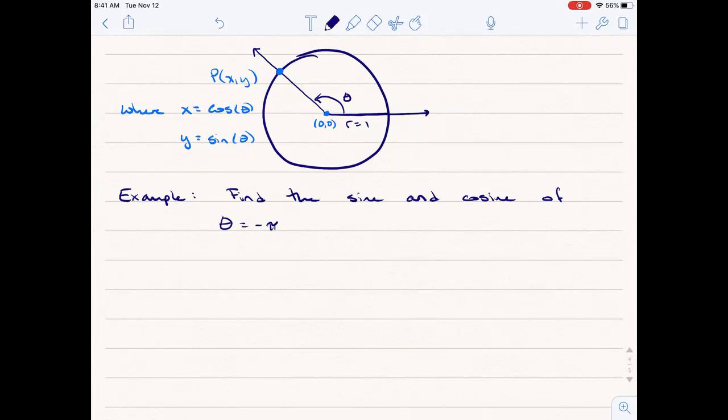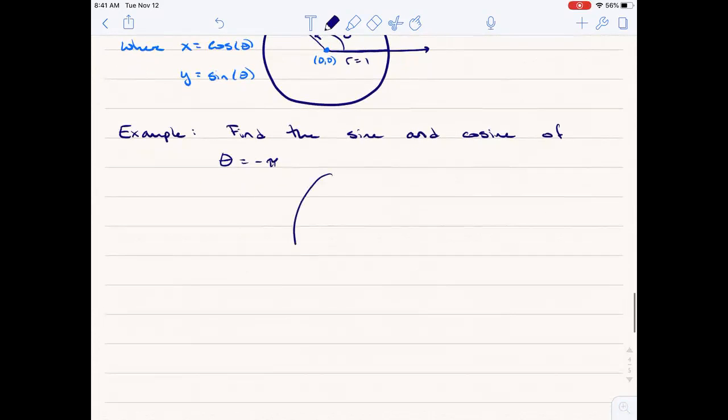Okay. So if we start by drawing negative pi, the angle, on the unit circle, well, that's not that bad, right? Starting here at the origin, the standard position, and then we're going to swing around pi, but going clockwise, right?